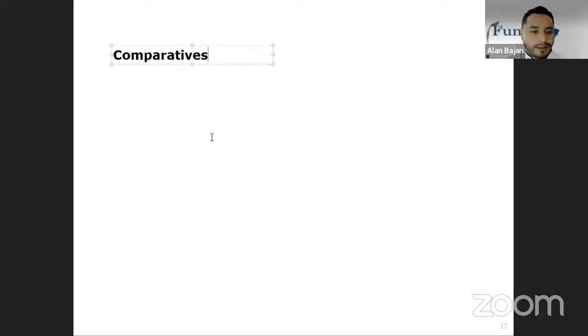What is a comparative? A comparative is when we compare one thing against a second thing. For example, A to B. We compare two things.